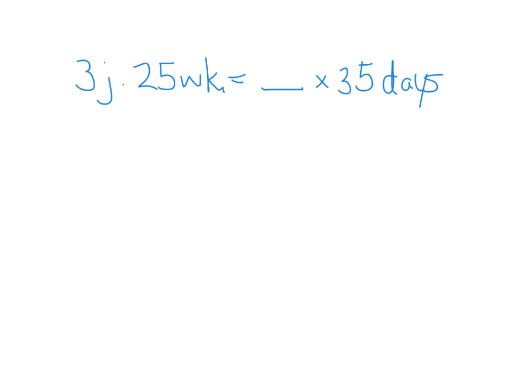So if there are 7 days in a week and I have 25 weeks, then I'm going to make a little problem here. 25 times 7. Okay, so that's 175 days. 25 weeks is 175 days.